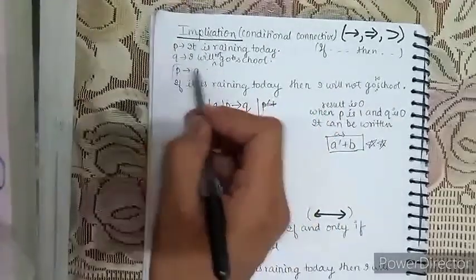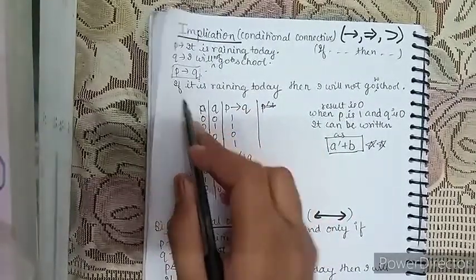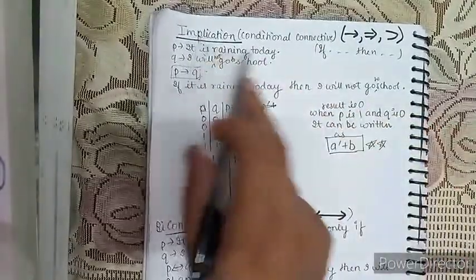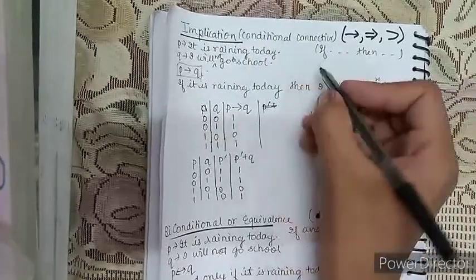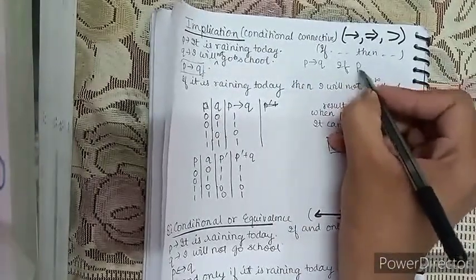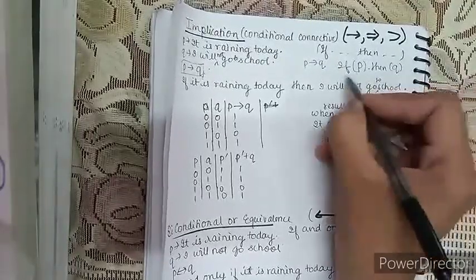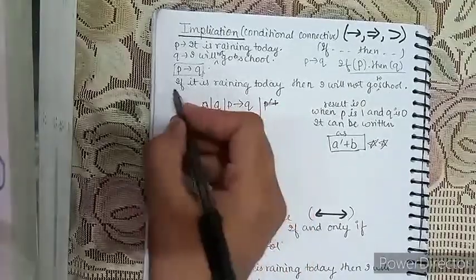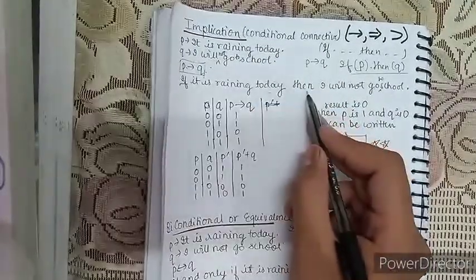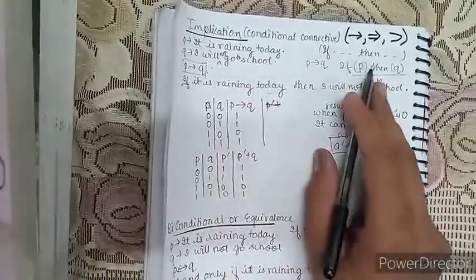We write P implies Q, which reads: if it is raining today, then I will not go to school. So implication generally means if-then.